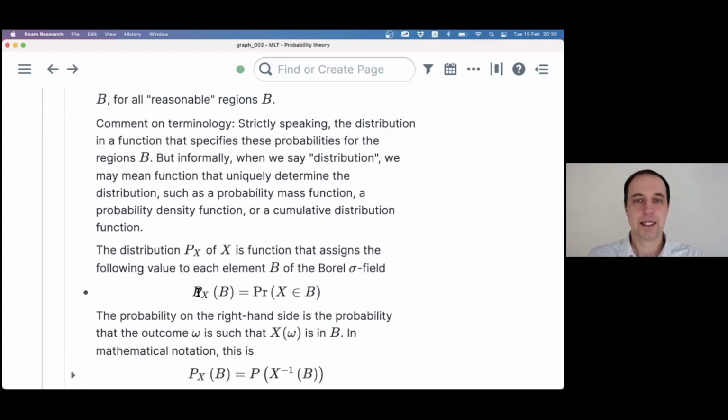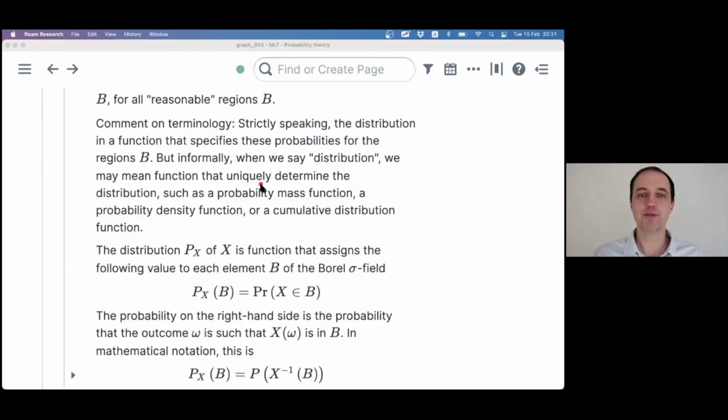Now, informally, when people say distribution, they can mean all sorts of things. So that creates the confusion in here. When people say distribution, they can mean the probability mass function, the probability density function, or the cumulative distribution function. Basically anything that uniquely determines the distribution.